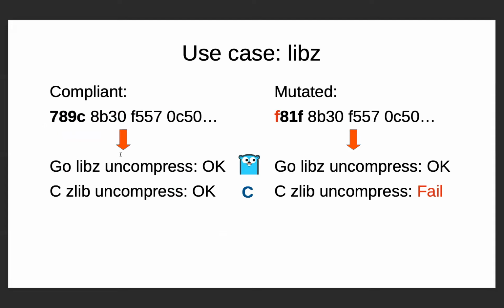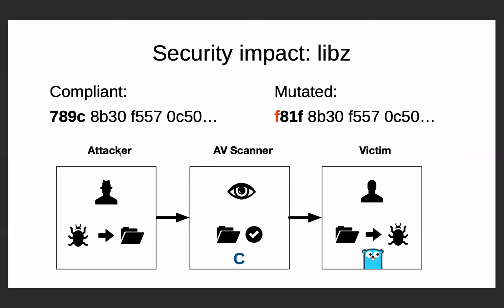And so the right behavior is to fail the decompression of this input, which the C library does properly. However, the Go library happily decompresses the data that follows by treating it as properly formed input.